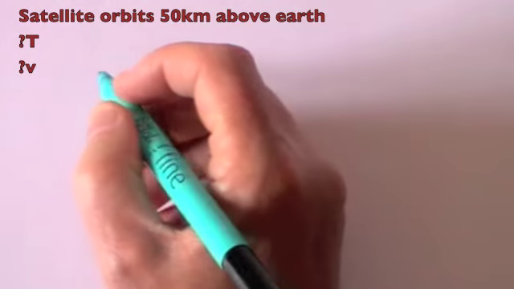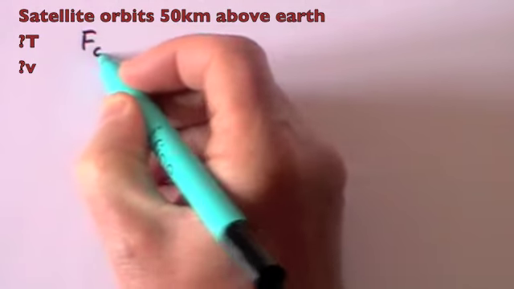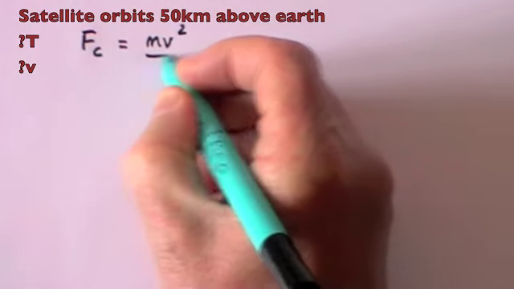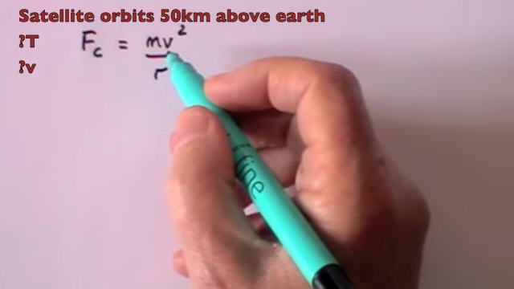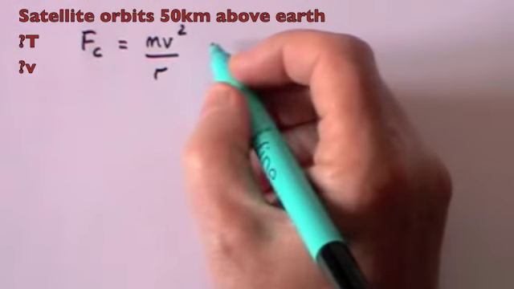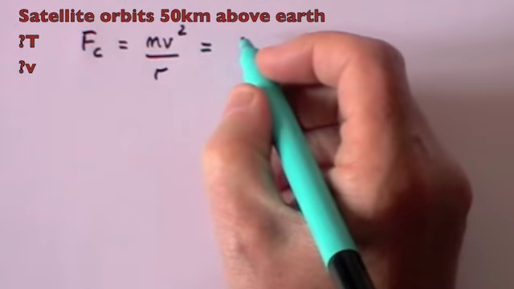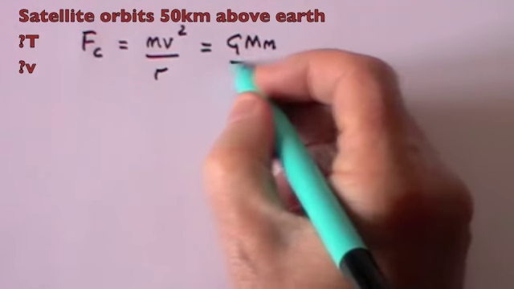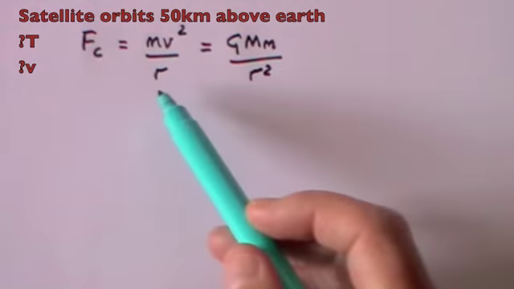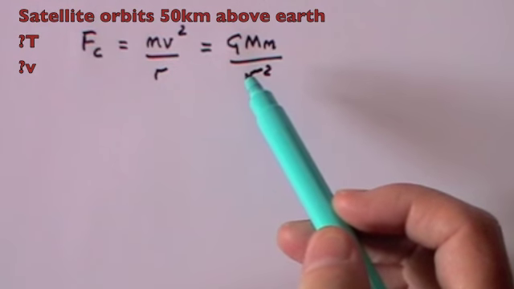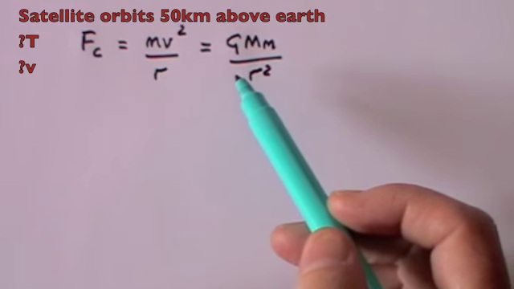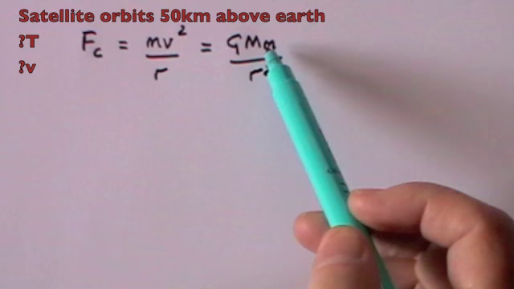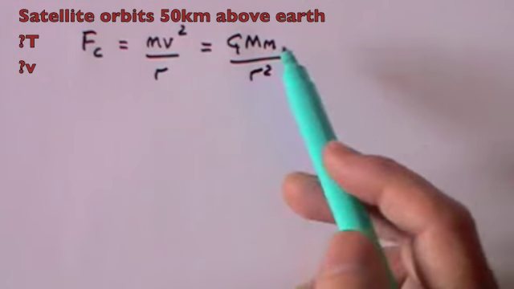So essentially the centripetal force, which we'll call Fc, is going to be mv squared over r, where v is the orbiting velocity that in fact we need to find, and that is going to equal the gravitational force, which is GMm over r squared, where r in each case is going to be not only the radius of the Earth but plus the distance that the satellite is above the Earth. M is the mass of the Earth, little m is the mass of the satellite, and G is the gravitational constant.